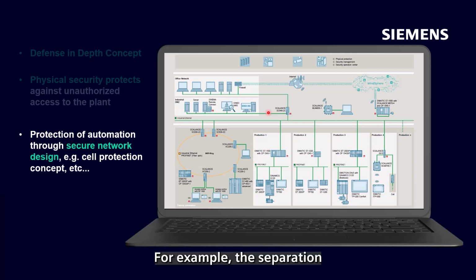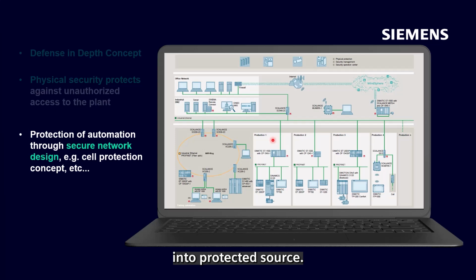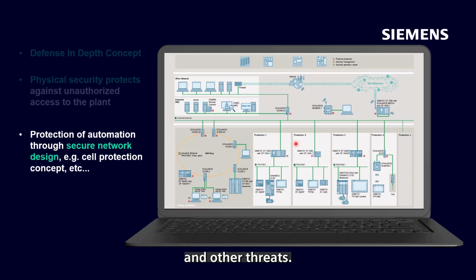For example, the separation of the office and production networks, like through a central firewall that controls the data flow. Then, a cell protection concept where the production network is segmented into protected zones. This prevents unauthorized access, intentional overloads because of forced high data traffic, and other threats.